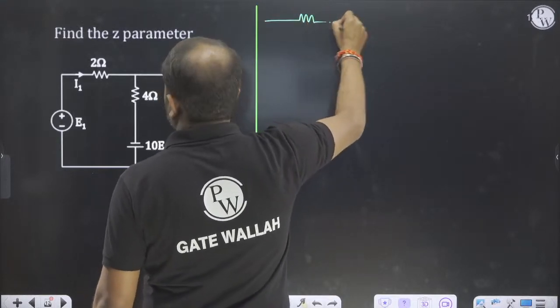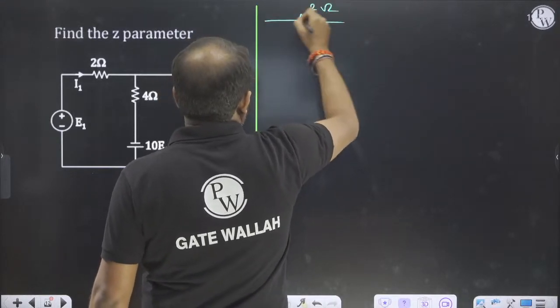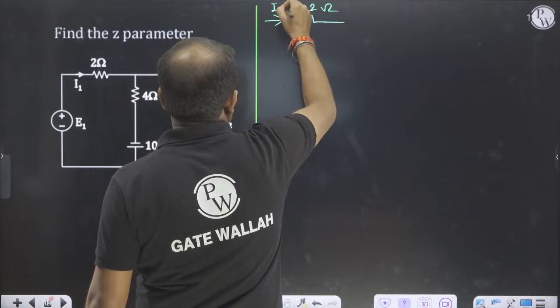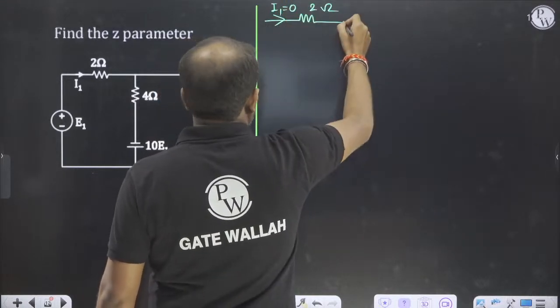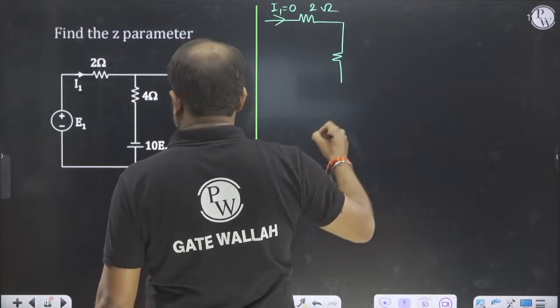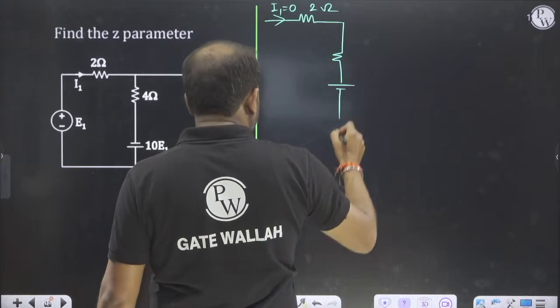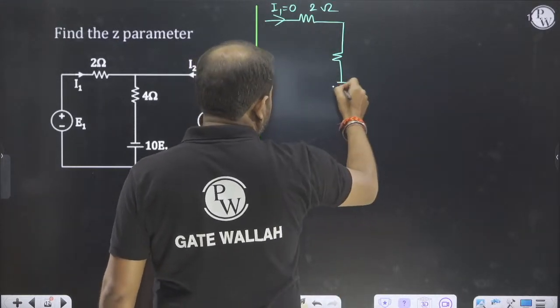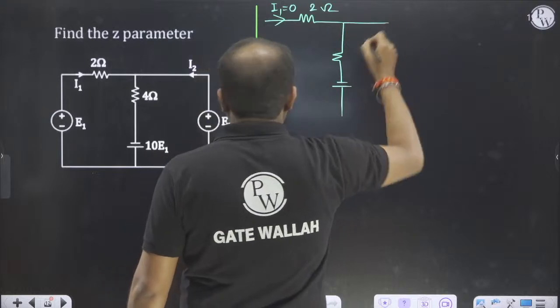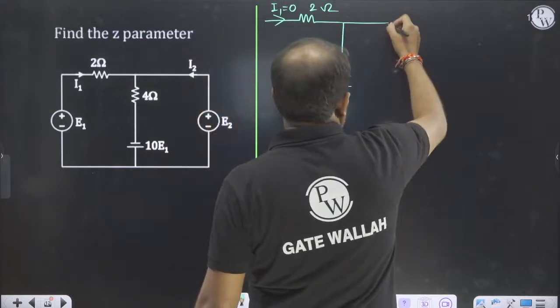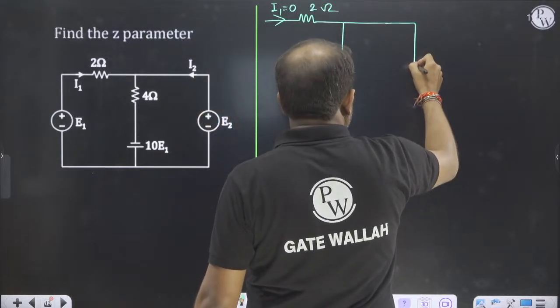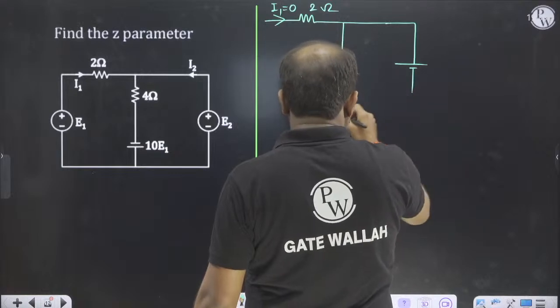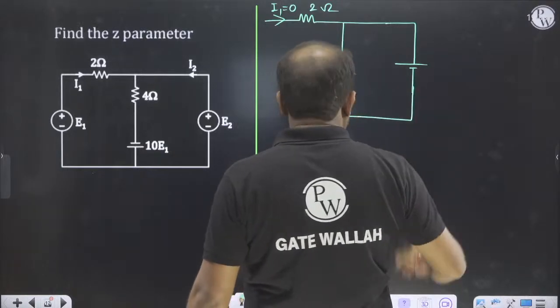This is 2 ohm, and there is a voltage here, 10 V1 with a minus sign, and this is the voltage V2.